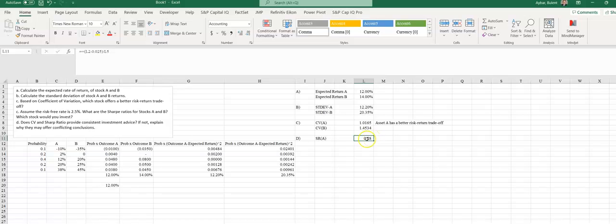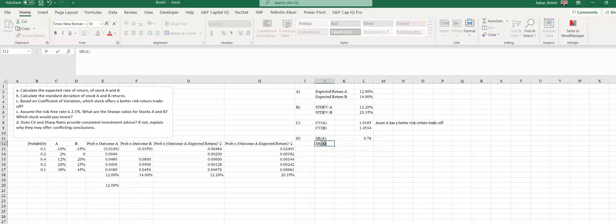What does this mean? This means that for each unit of risk that we take, we earn 0.78% excess return, or 0.78 units excess return. So for every percentage risk we are taking, we are earning 0.78% excess return. Let's look at asset B's Sharpe ratio.